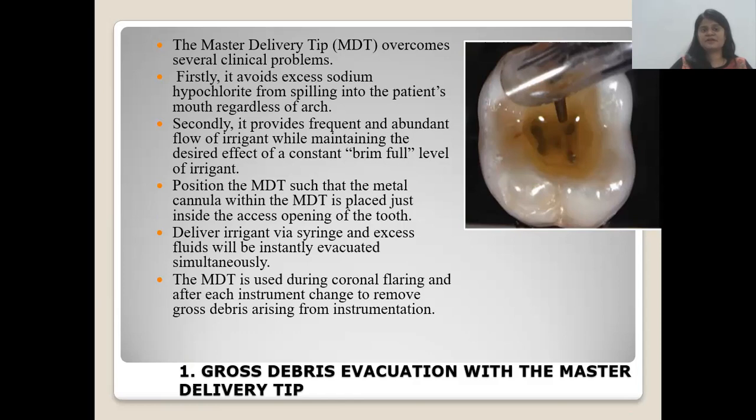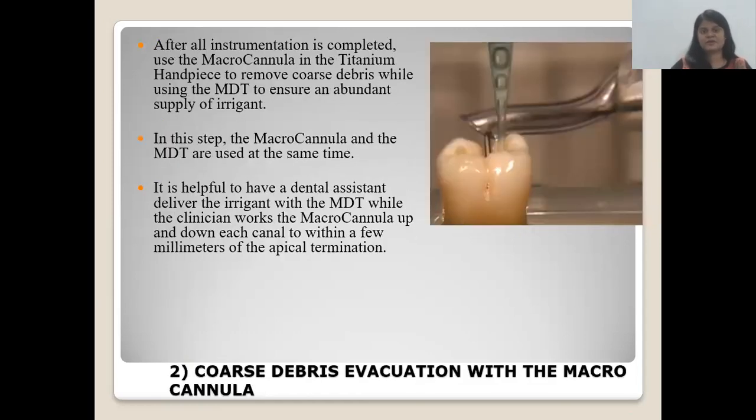The master delivery tip is placed just inside the access opening of the tooth. It delivers irrigant via syringe and excess fluid is constantly evacuated simultaneously along with the delivery of the irrigant. The master delivery tip is used during coronal flaring and after each instrument change to remove the gross debris produced during instrumentation.